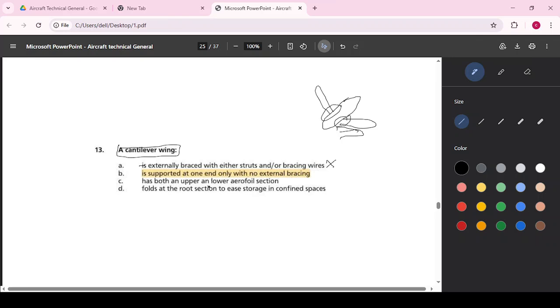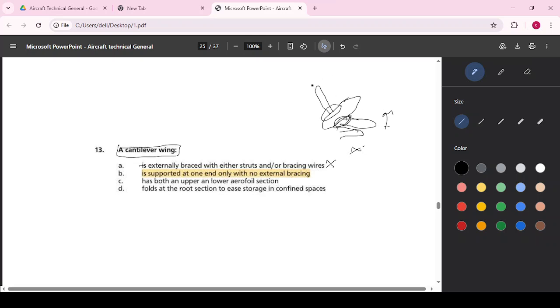Has both an upper and lower airfoil section? No, airfoil section is as such not on the upper or lower airfoil section. Folds at the root section to ease storage in confined spaces? We cannot fold these wings.